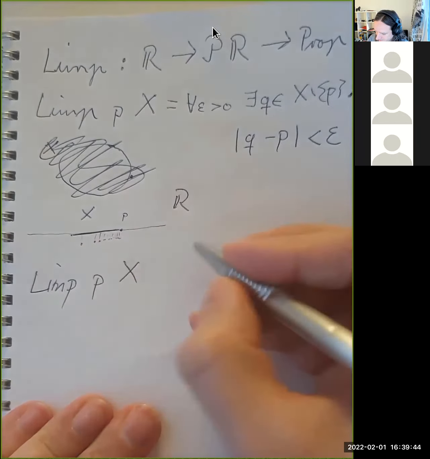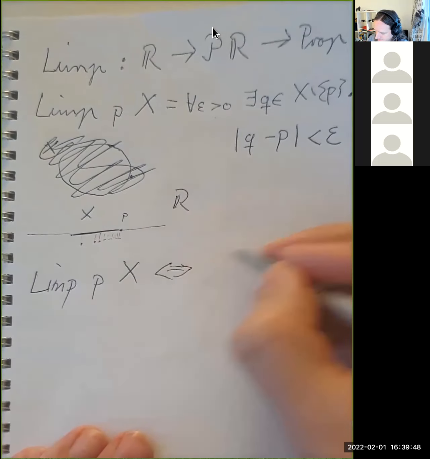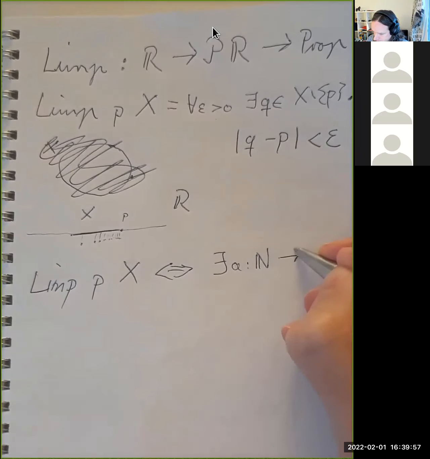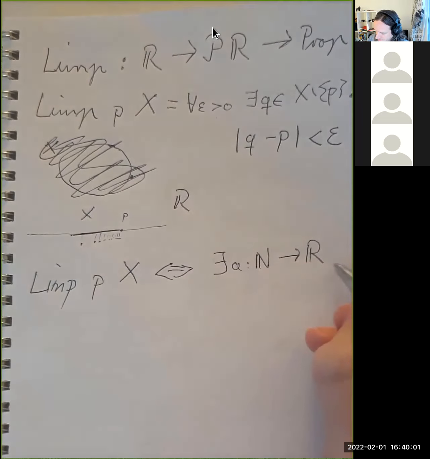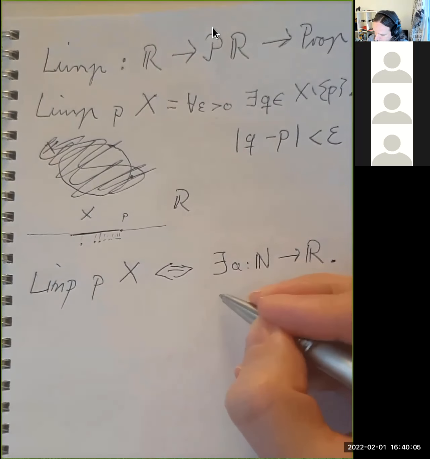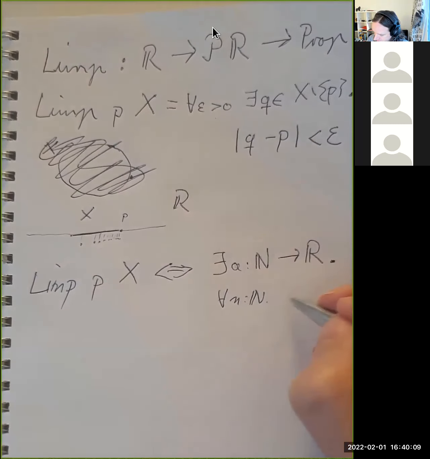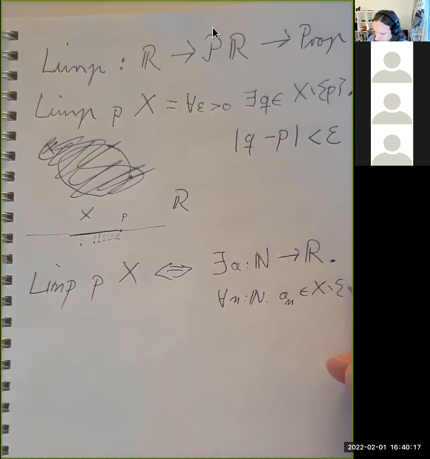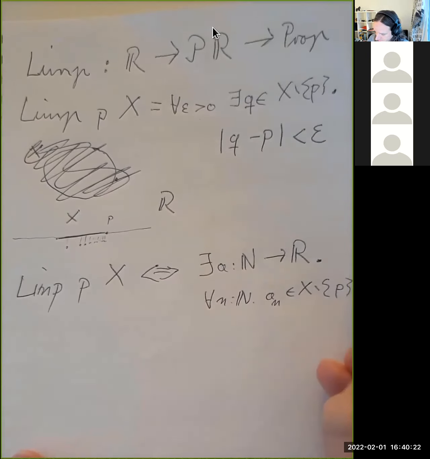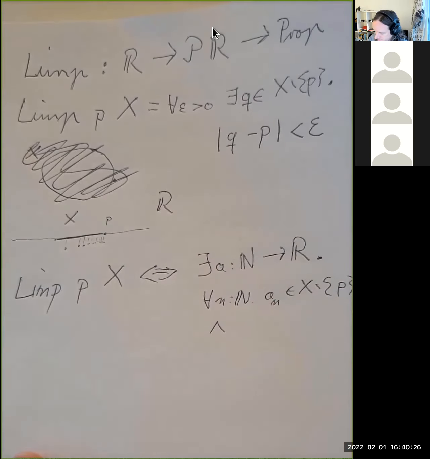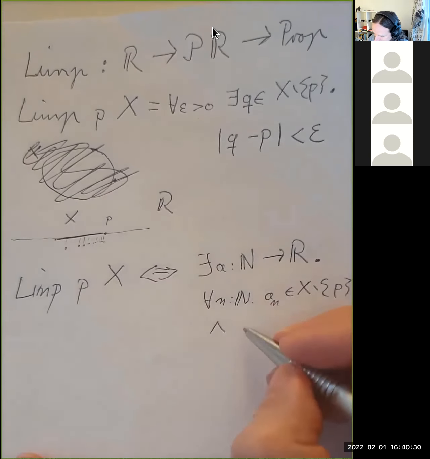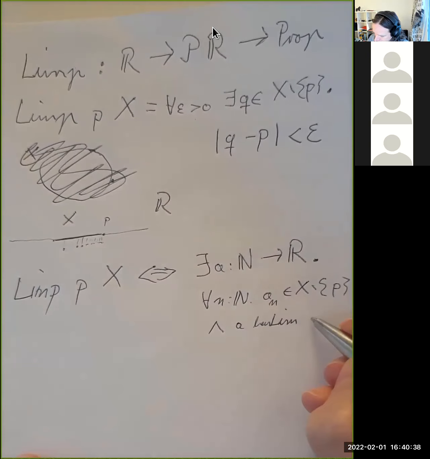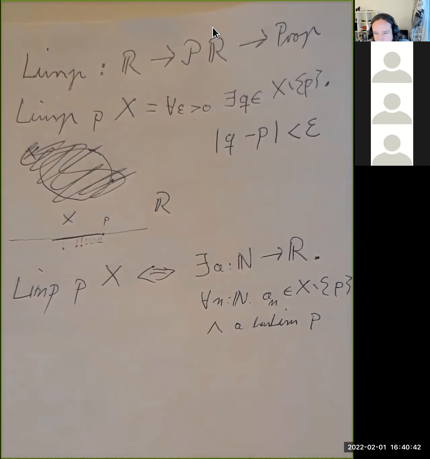P is a limit point of X is the same as there exists a sequence of real numbers such that for all natural numbers, a_n is in X without P, and it should converge to P. A has limit P. So that would be another way to state it.